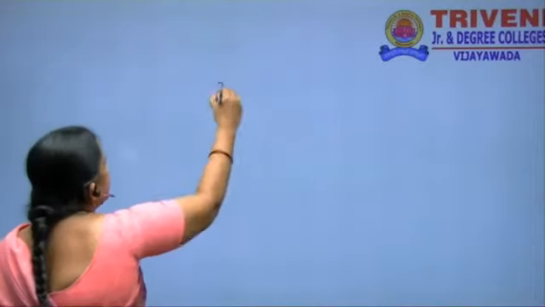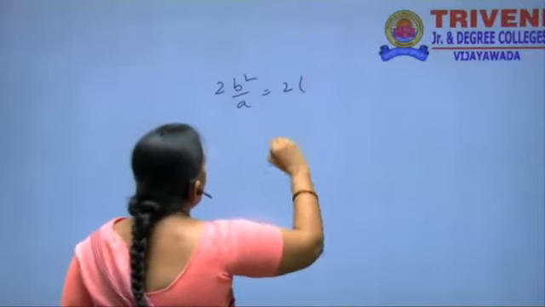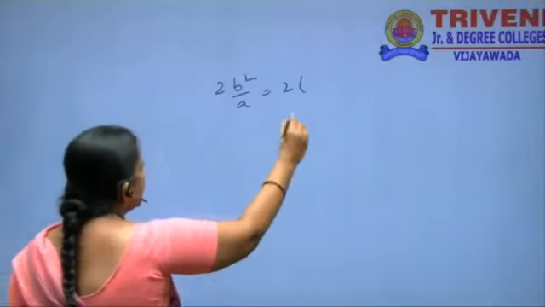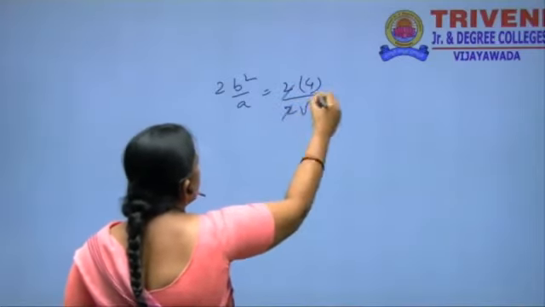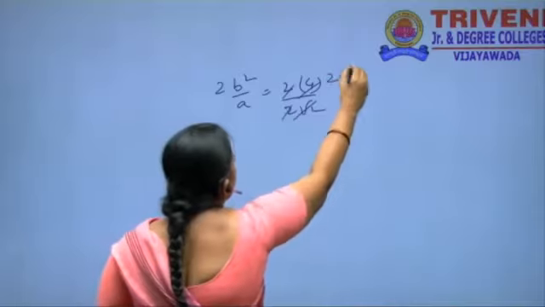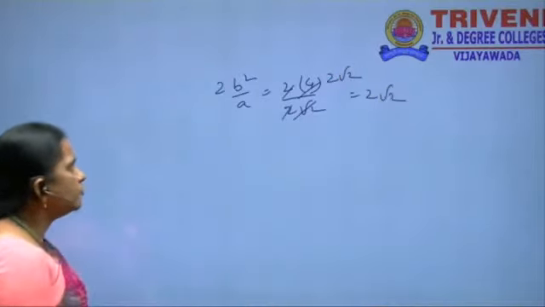That is equal to 2 into, the value of b square is 4 and a is 2 root 2. 2 get cancelled here. This root 2 will cancel here 2 root 2. Then the length of the latus rectum is 2 root 2.